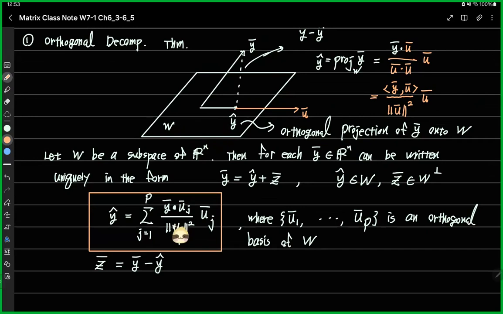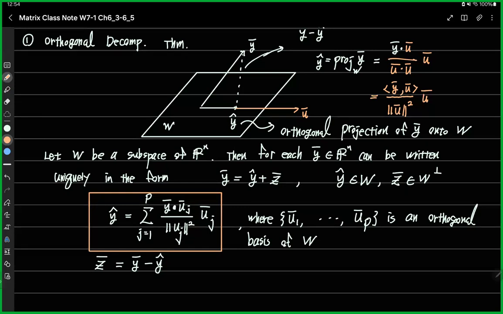Generalizing the space to Rn, not just R3, and W is a subspace of Rn. Then y hat is not just a single term, the orthogonal projection of one single vector, but a summation, the sigma sum of these projections, orthogonal projections, and u1 through up are an orthogonal basis. Okay. All right.